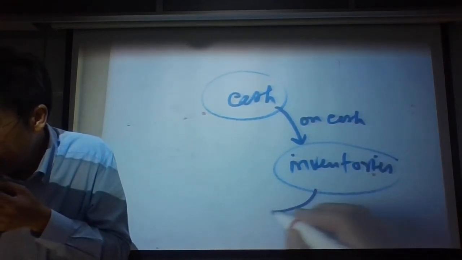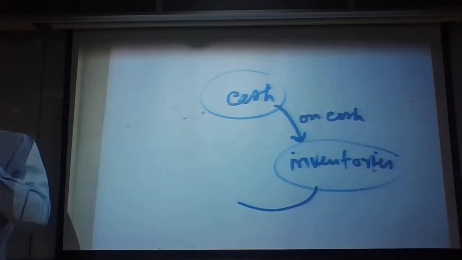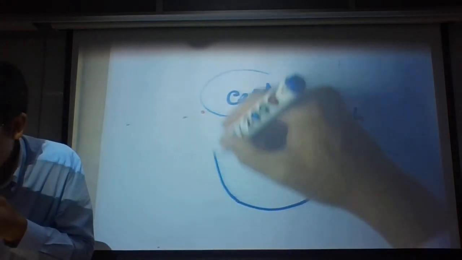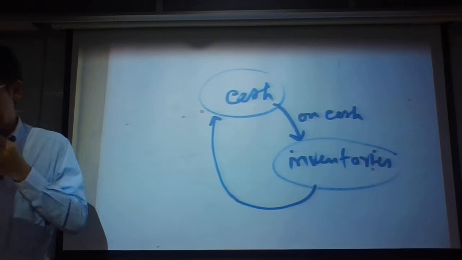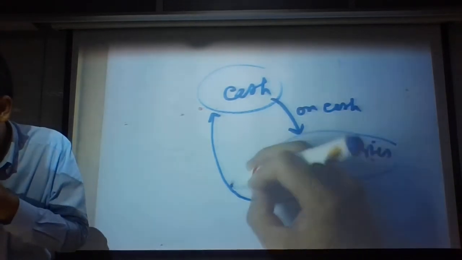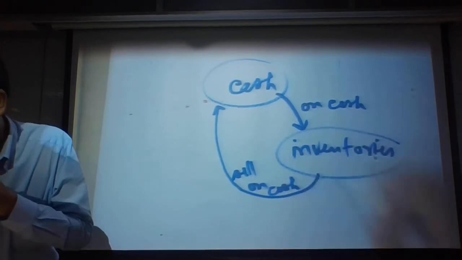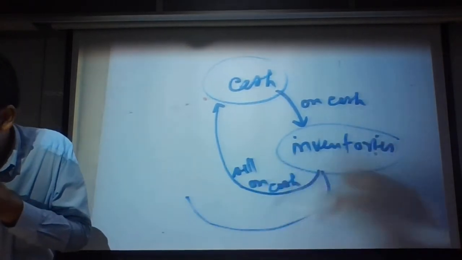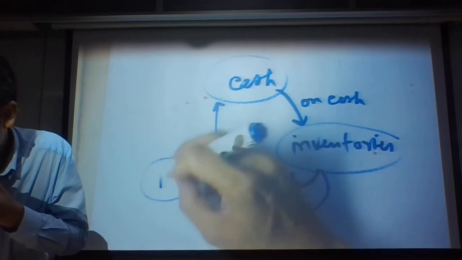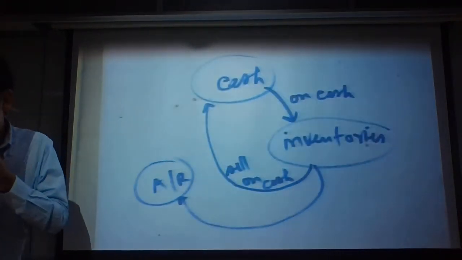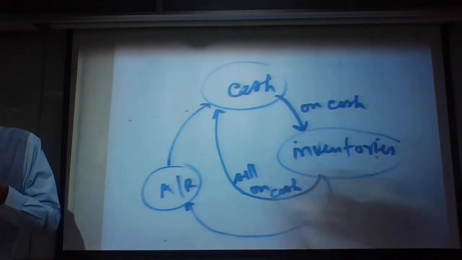Inventory will liquidate itself into cash if you make sales on cash, but it takes 2 steps in order to get cash from inventory, if you make sales on credit.